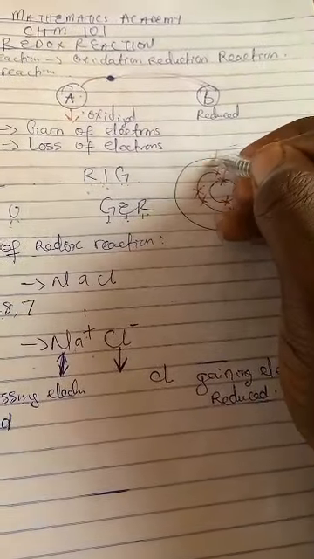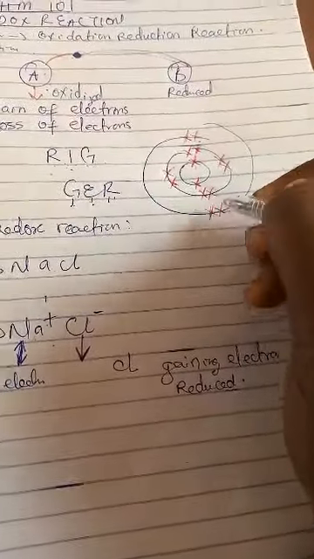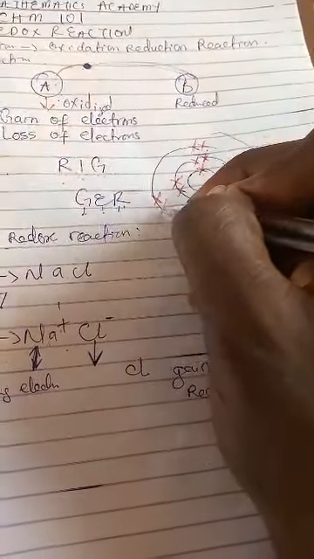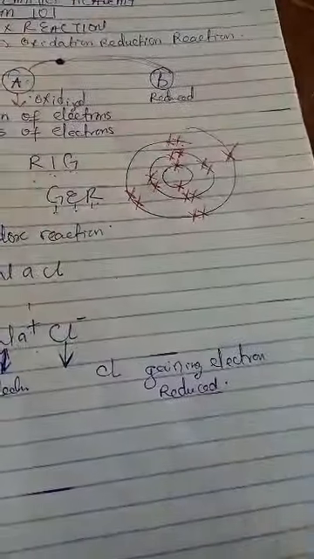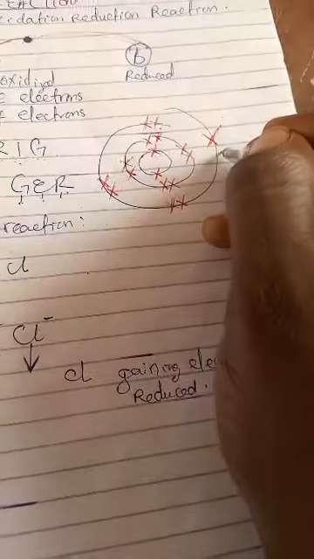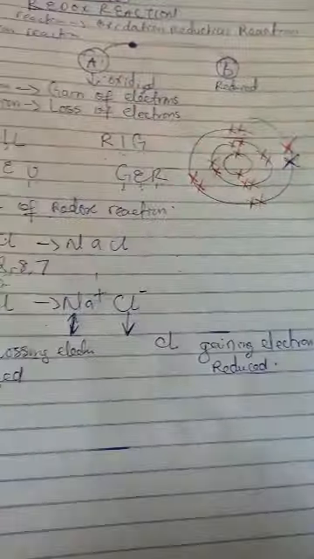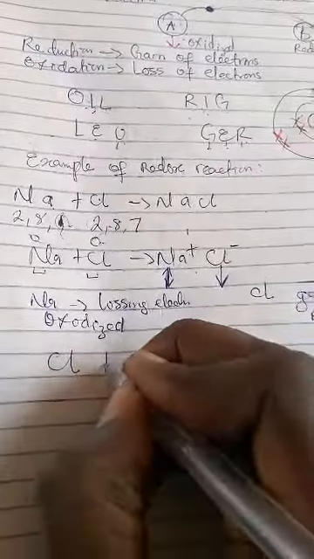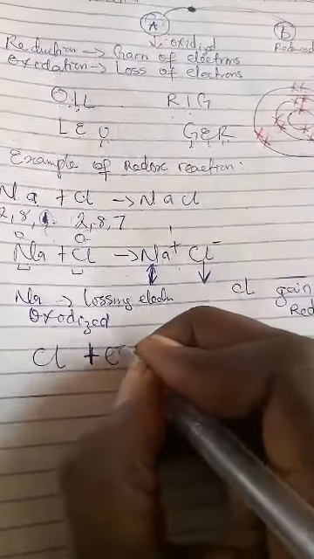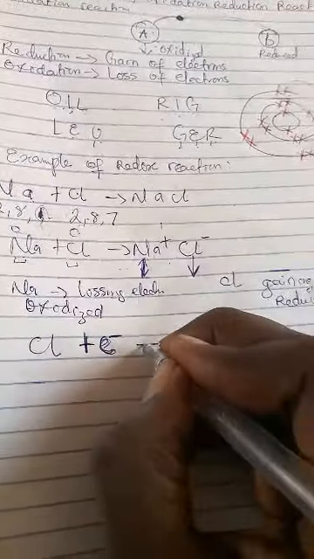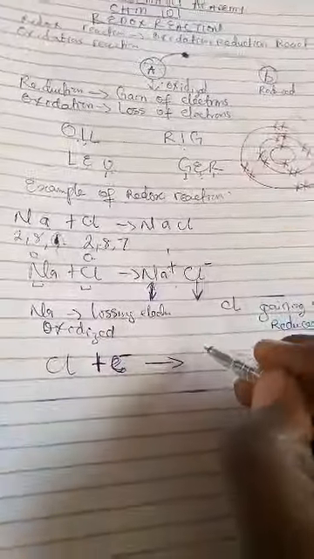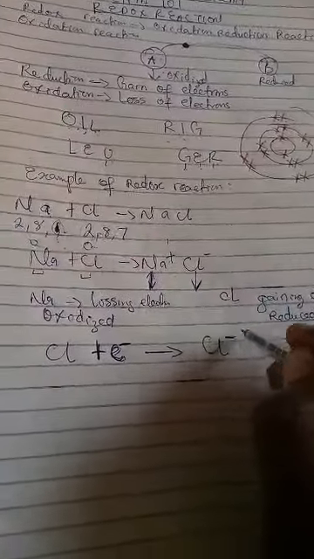And the third shell has 7 electrons. That is, chlorine needs one more electron here. So if I add the electron here, I have e minus. So e minus is a symbol to represent electron. Then when chlorine gained the electron, chlorine became negatively charged.